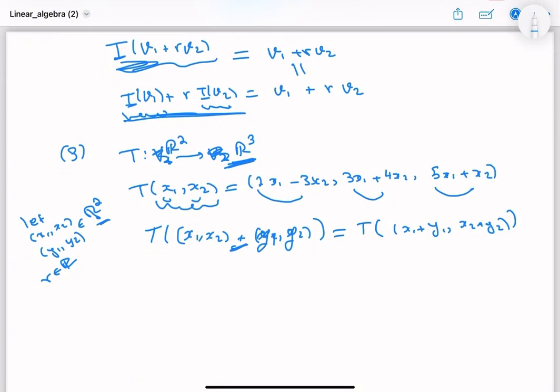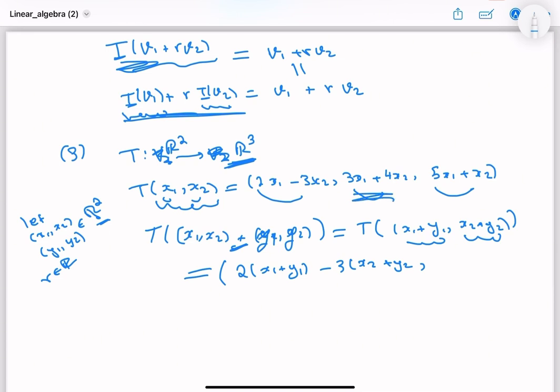Now, if you substitute back in the definition of T, you get, for the first component, x1 plus y1, minus 3 times the second component, which is x2 plus y2. And similarly, you just plug into the definition.